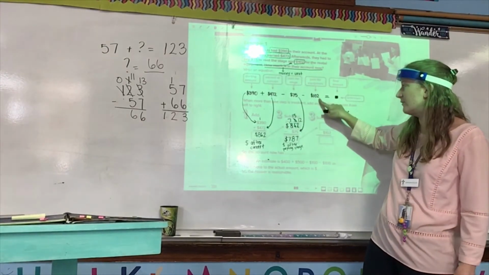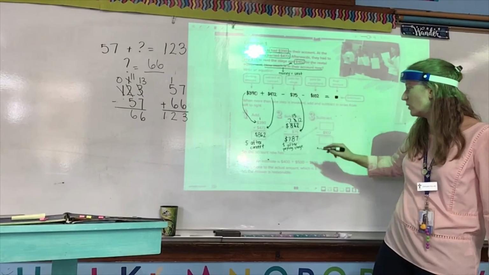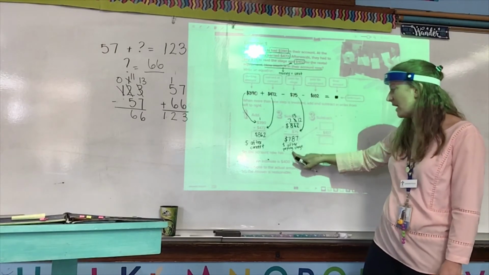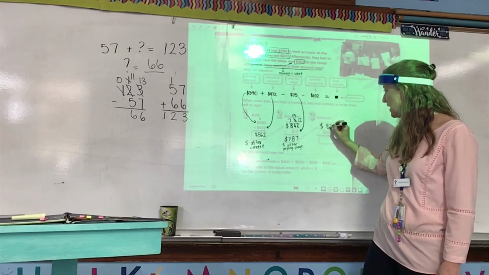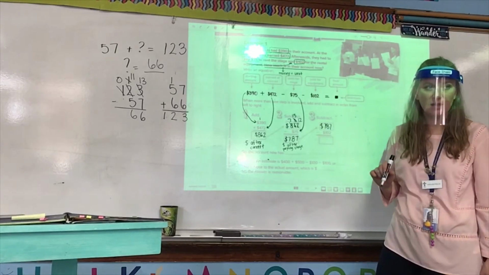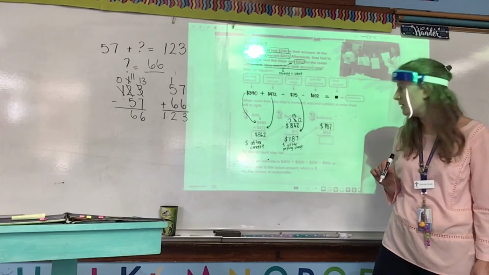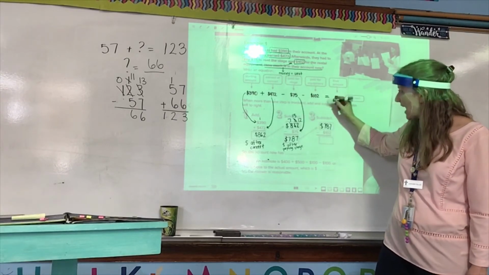So the only thing we have left is subtracting 102. So we take that new amount after paying for the stage, which is $787. I made sure I lined it up. And we know we're subtracting.